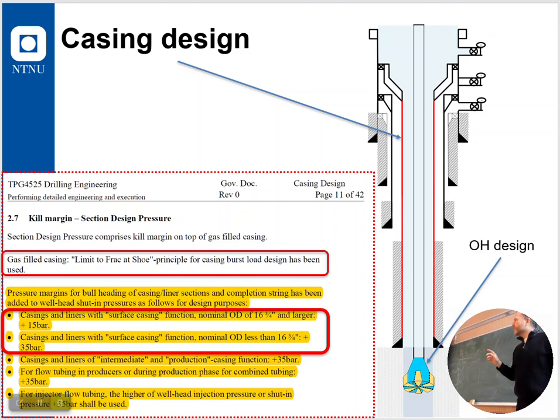Now, as it says here, SG. Thank you for the question. Let me see. 0.27 it says in this extract from the governing documentation. Kill margin.